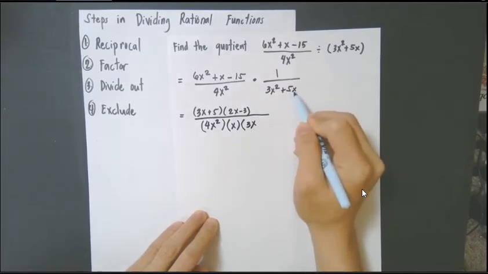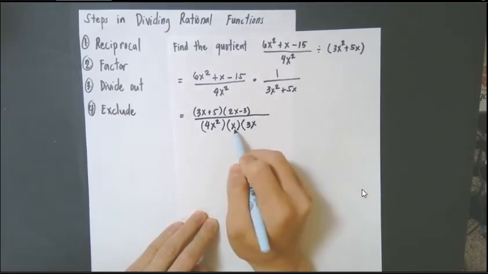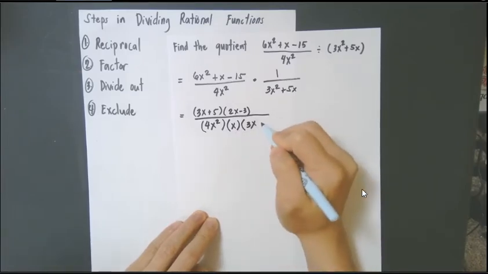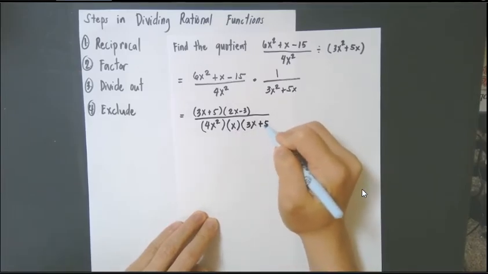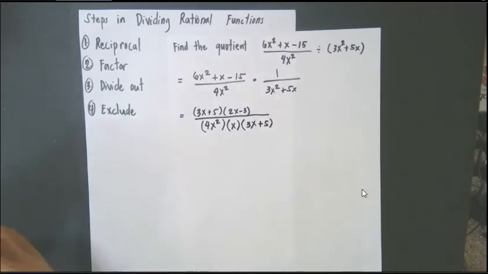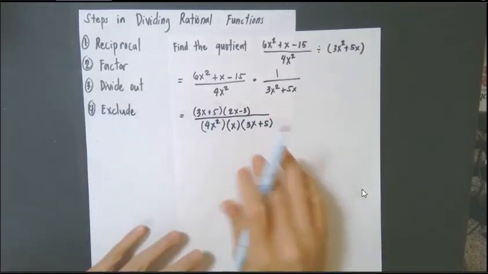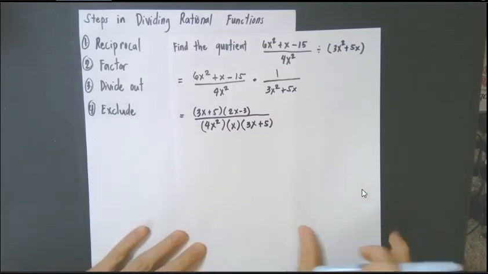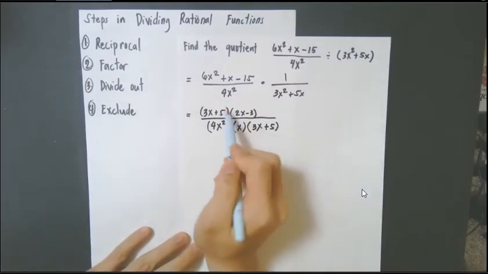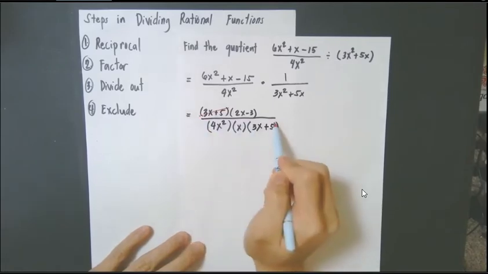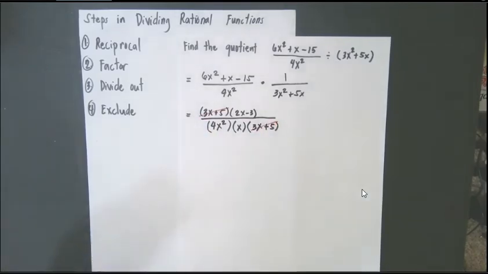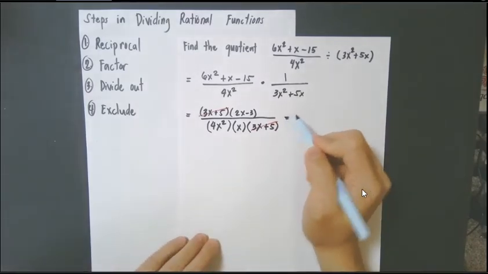Positive 5x divided by the common factor x will give us positive 5. From there, we can cancel out common factors, which is step 3. So we divide out 3x plus 5, 3x plus 5.